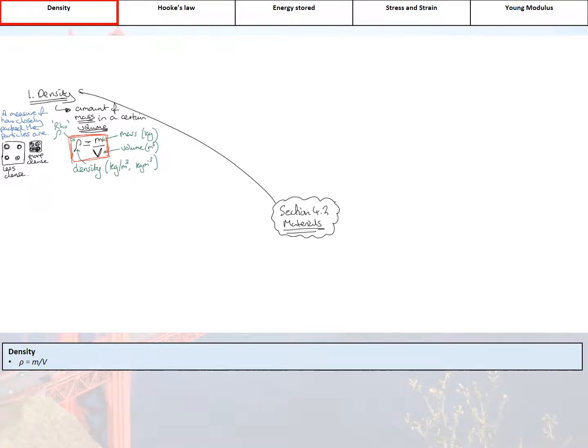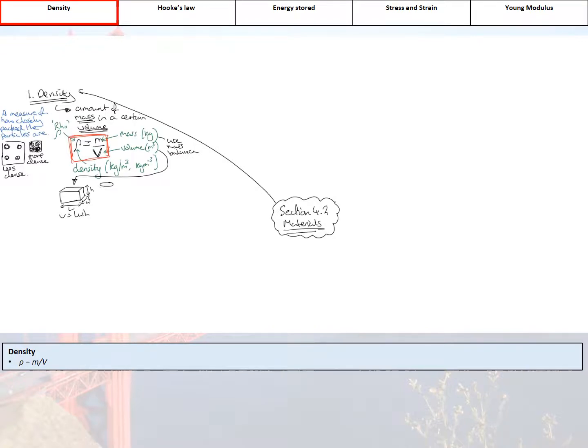So mass is easy, measuring mass is easy. You can use a mass balance. Measuring the volume is a little bit harder. So you might need some formulae for this, which come off the formula sheet for the most part. So if you've got something like, say, a rectangular or cuboid object, then if you multiply length by width by height, you get the volume.